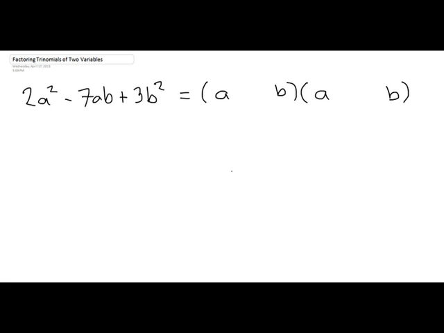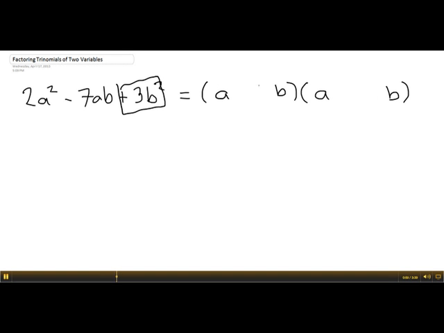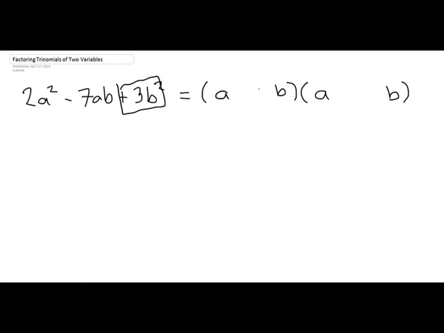So let's start off with an analysis of the signs. This term here needs to be created by multiplication. So I need to multiply the two b terms together to give me positive 3b squared. The only way to multiply to get a positive number is if the signs are both positive or both negative.